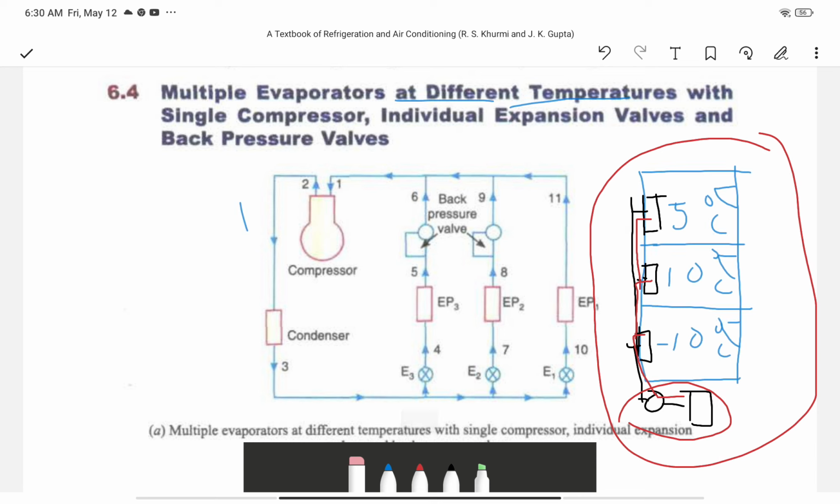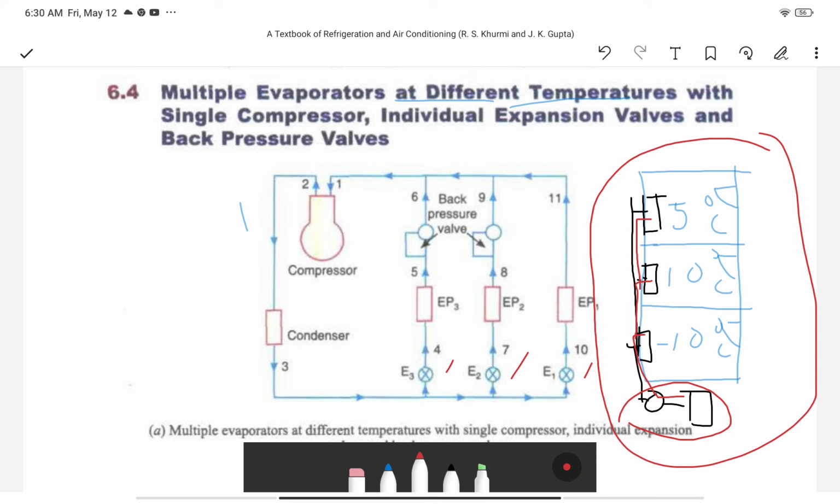They have their own expansion valve, so each evaporator has a different pressure.